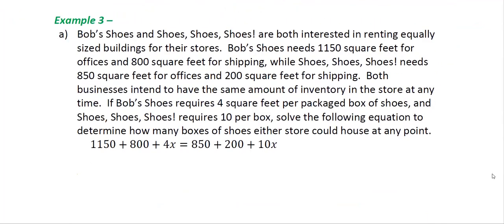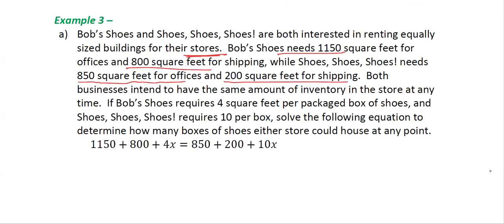All right. Our last one. Bob's shoes and shoes are both interested in renting equally sized buildings for their stores. Okay. Bob needs 1,050 square feet for the office, 800 square feet for shipping, and he needs 850 square feet of offices, 200 square feet of shipping. All right, so we have a lot going on, right?